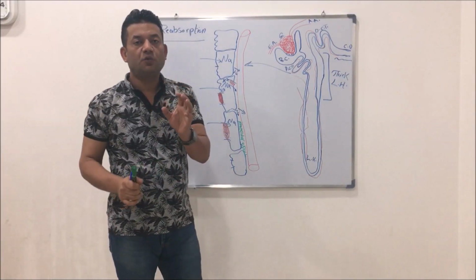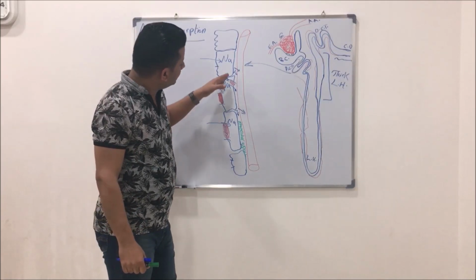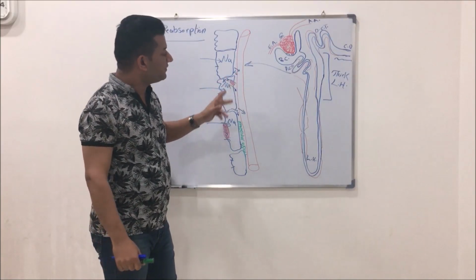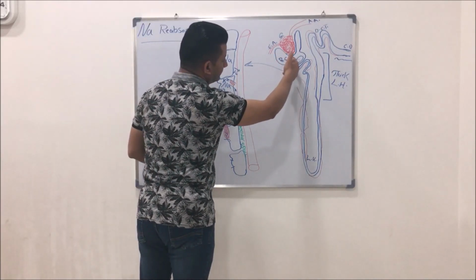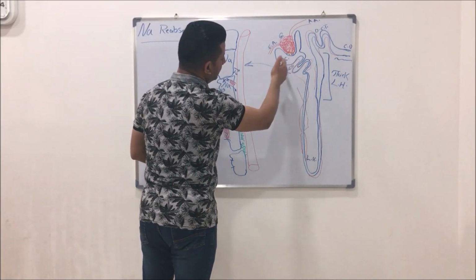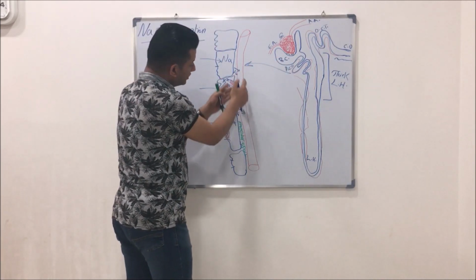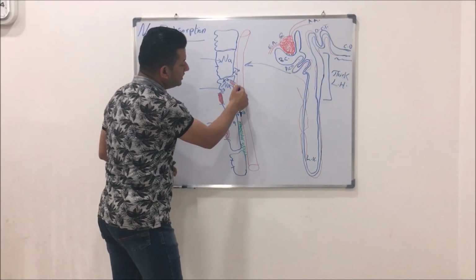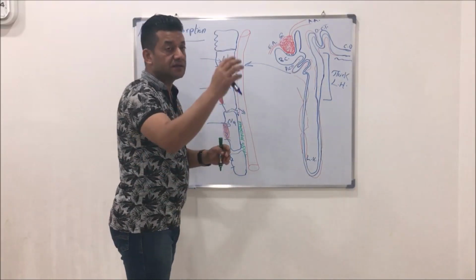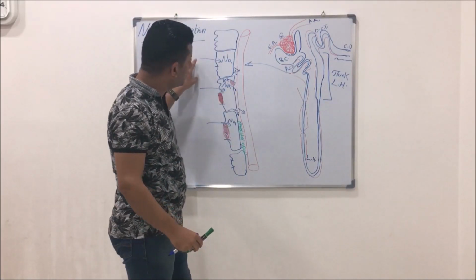What is the factor that assists in the diffusion of sodium? After filtration has occurred in the Bowman capsule, the oncotic pressure inside the peritubular capillary increases, because of filtration of water to the lumen.